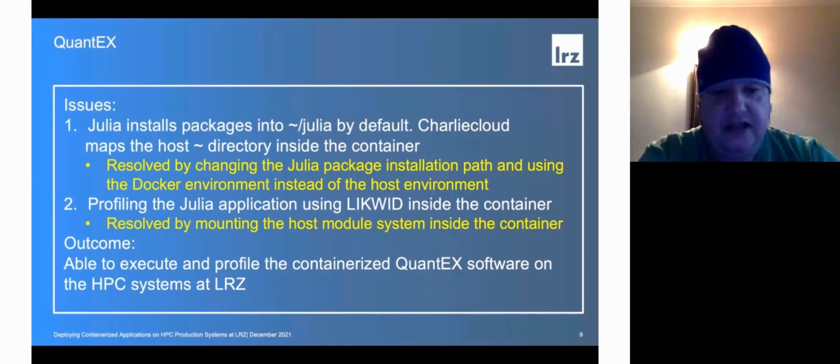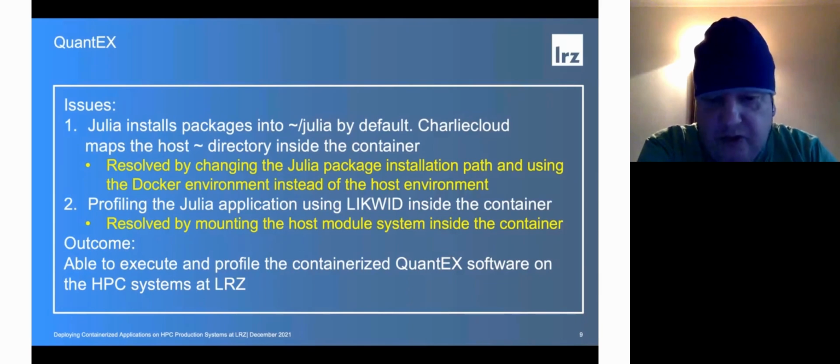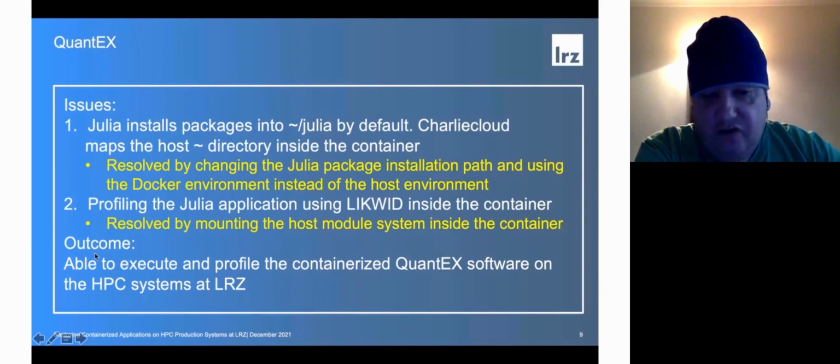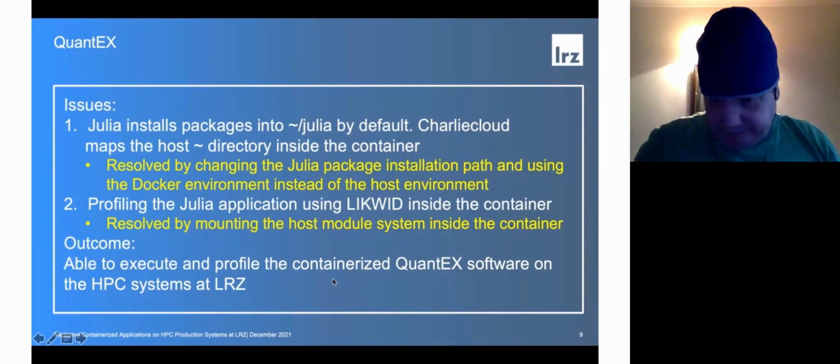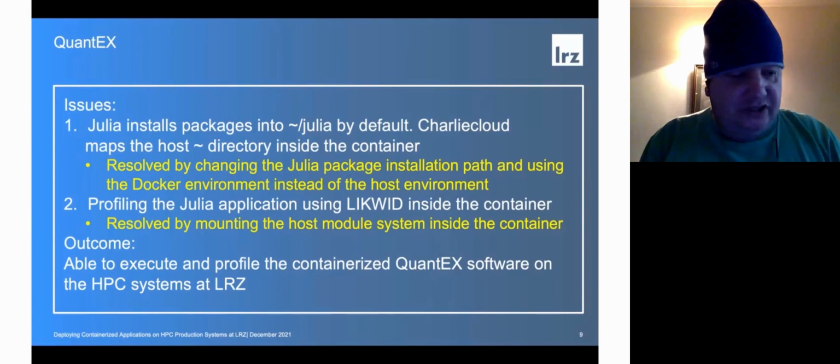And obviously, then we submitted it in a Slurm script, and it worked. And the outcome is we could actually take advantage of the software installed on the system, because obviously, if you're inside the container, you don't necessarily have access to the hardware directly. So that can be a problem.